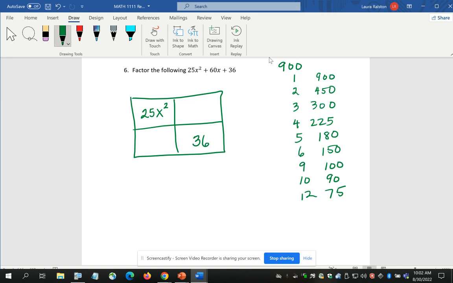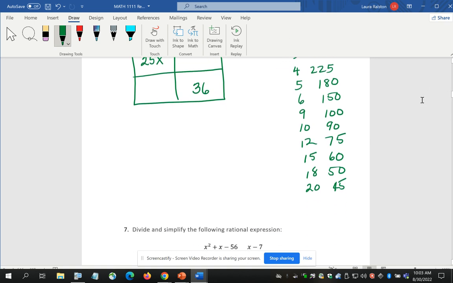15. I have 15 times 60. 18 times 50. 20 times 45. 25 times 36, that was the pair we used.